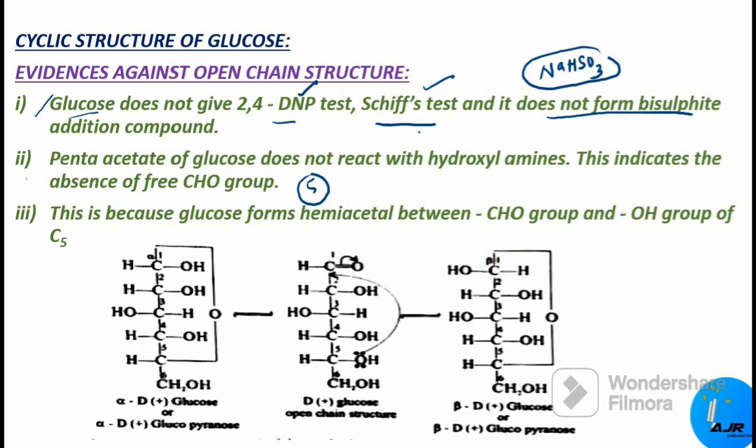Can you understand? What's the name of that carbon? Anomeric carbon. Which carbon is called the anomeric carbon? C1. C1 carbon is called the anomeric carbon or glycosidic carbon. Understood?